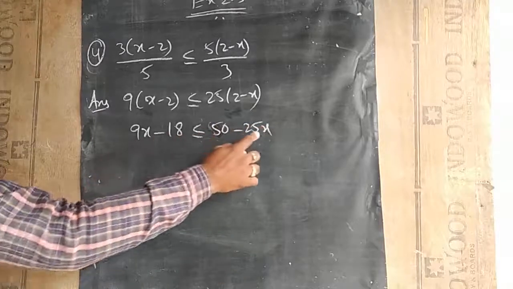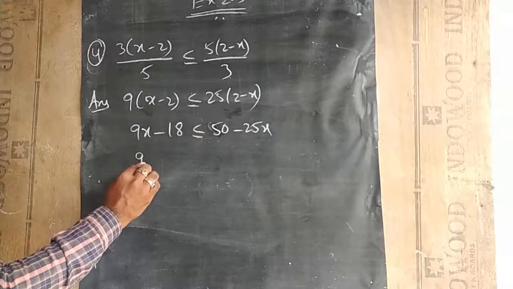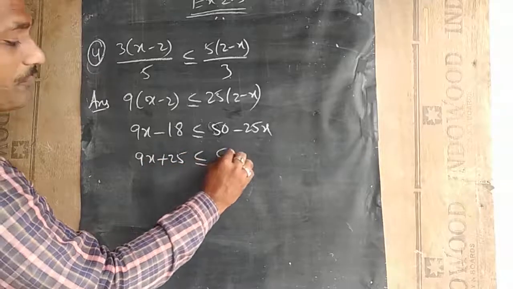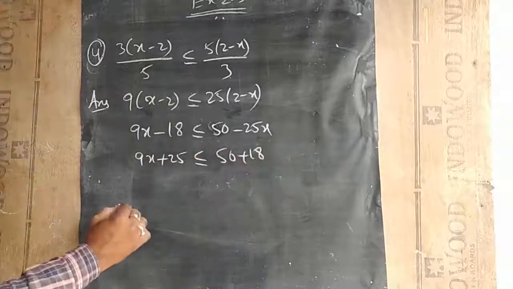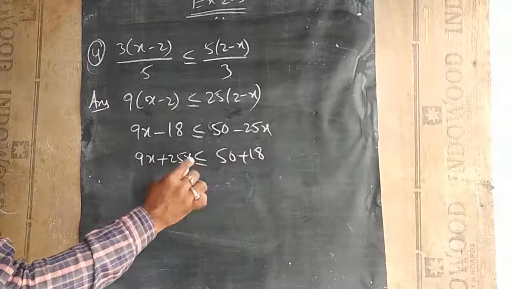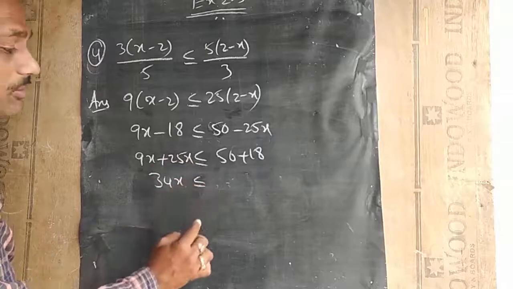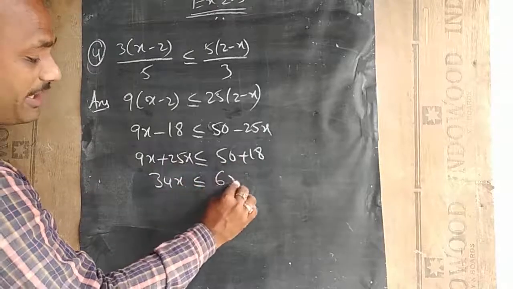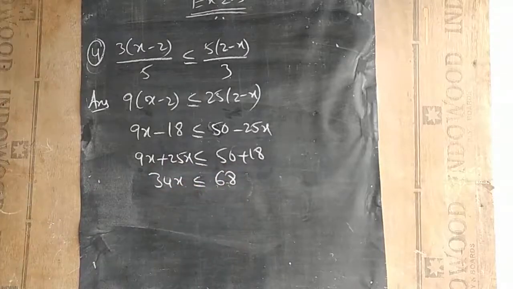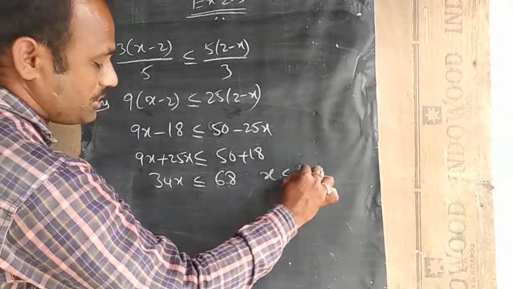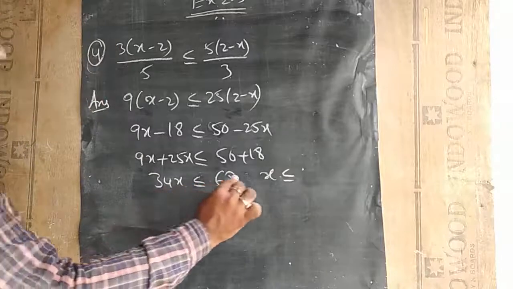So let me transpose variables to one side. So 9x plus 25x, that is 34x, is less than or equal to 50 plus 18, that is 68. X is less than or equal to 68 by 34. I have to divide by 34, so it will be 2.